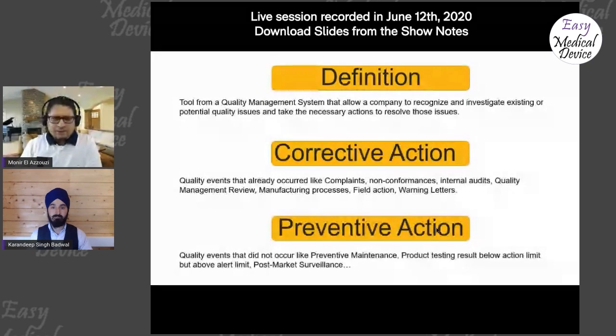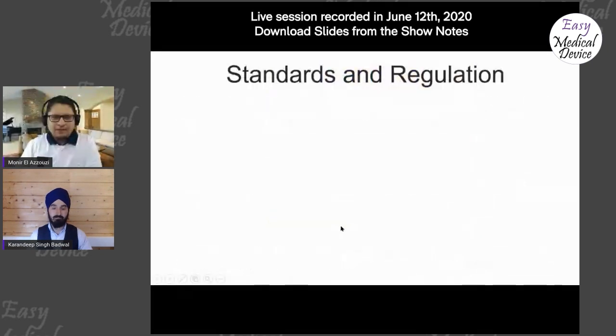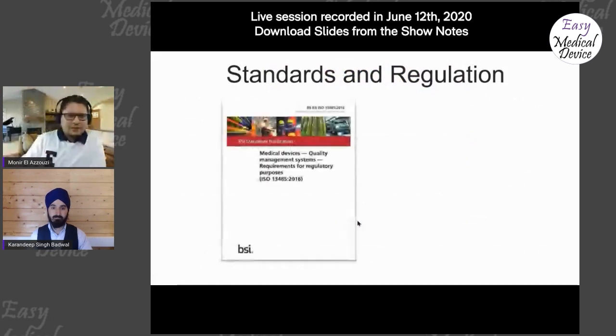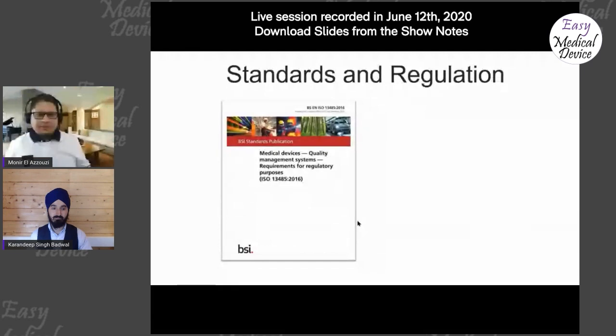Okay, so now let's go to the next one, which is where can we find those CAPA systems? So first, I put this one, but there are other ones. The ISO 13485:2016, but the 2003 version before was also the same. You have the 9001 that also has CAPA, and this is specifically on this ISO 13485.